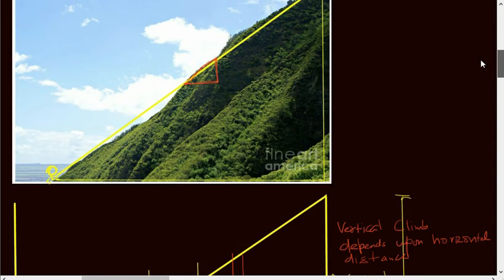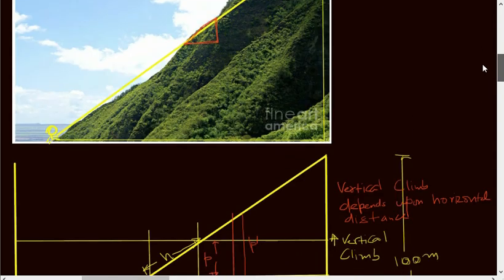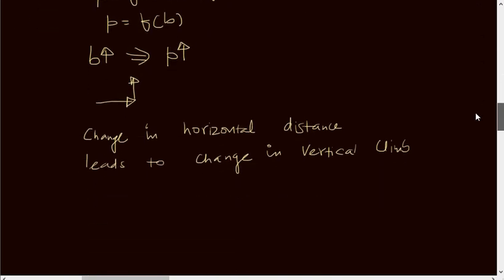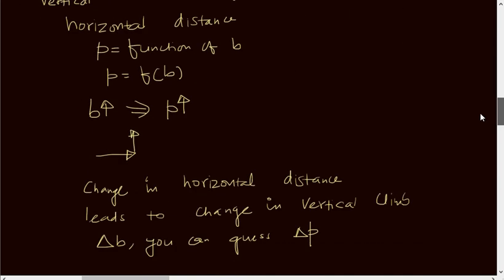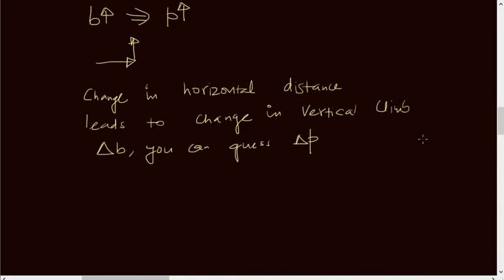And for a given scenario, say a mountain like this, you can predict that if the change, and I'm putting another notation, called delta, if you know delta in the horizontal direction, you can guess delta in the vertical direction. So you see, we are not using any formula. We are driving home the concept of how two things can be related.